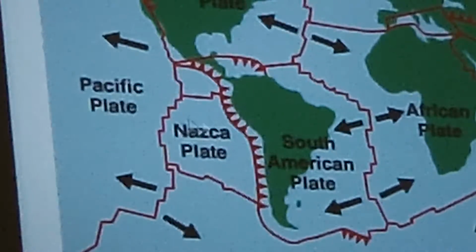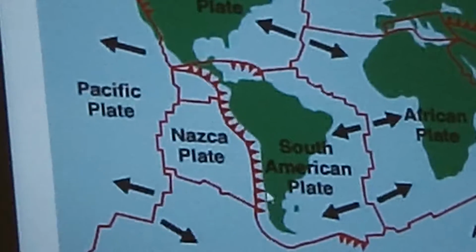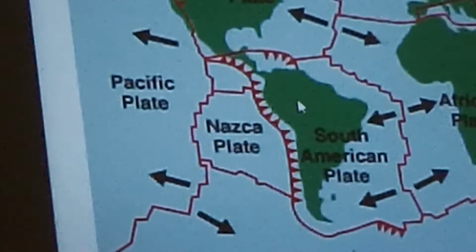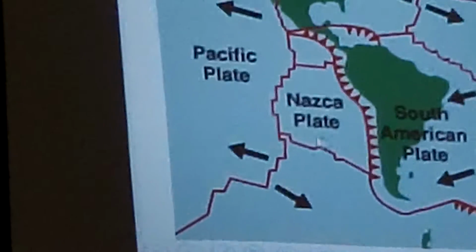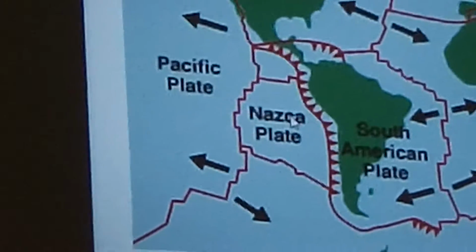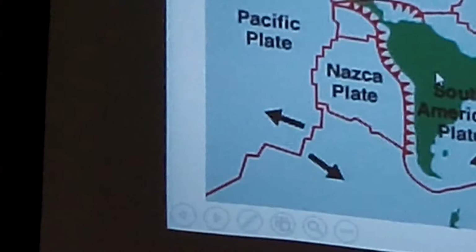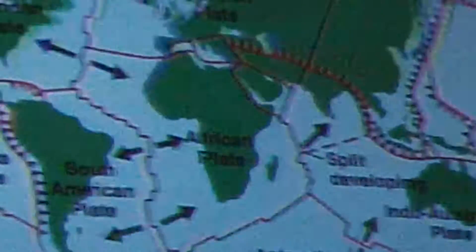And so this ocean plate is hitting this South American plate that has a bunch of granite on it. Think about this now. Granite is light, and basalt that makes up the ocean plate is heavy. What do you think is going to happen if a heavy plate is coming in and hitting a light plate? It's going to go under it. And the Nazca Plate goes right under the South American plate.